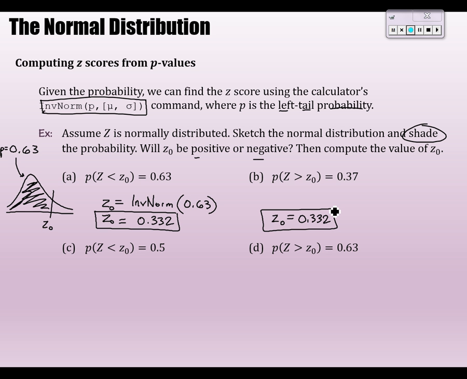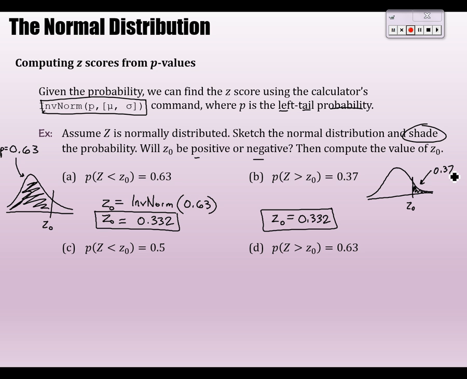Tell me why that is, explain what's going on. Why is it the same answer? How do you see that? In fact, it's the same picture, right? Except we're talking about this area right here, which is 0.37. So hopefully that's clear from the picture.